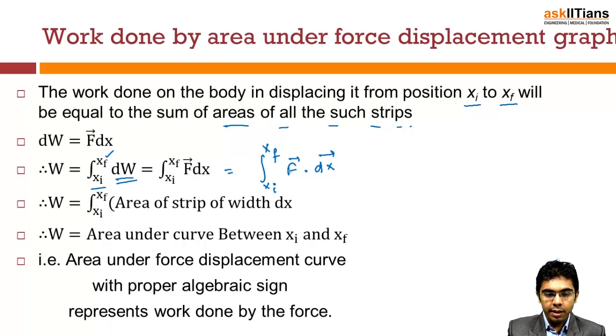So the work done is the integral from xi to xf of the area of the strip of width dx. So what is the conclusion? The area under the force displacement curve, with proper algebraic sign considered, represents the work done by the force.